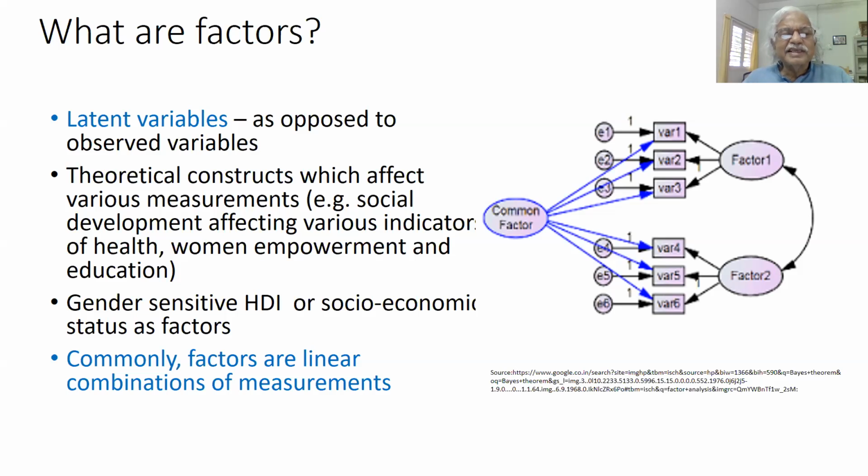The factor analysis can also be used for preparing scales like gender sensitive human development index or socioeconomic status as factor. That can also be called a kind of factor.